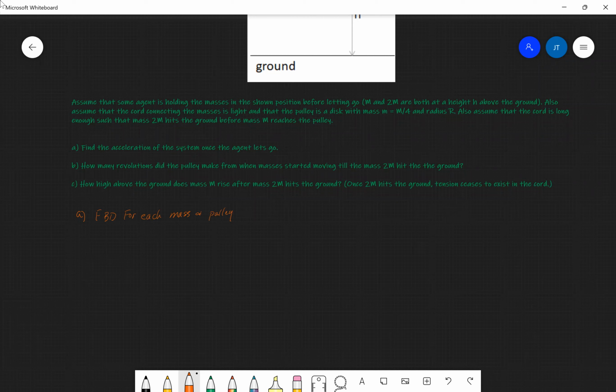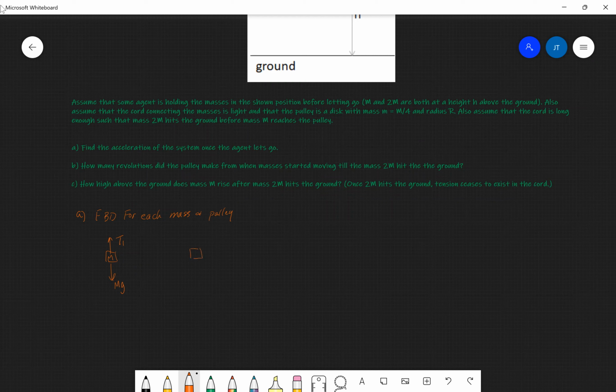For mass m, you've got the weight down, mg, and the tension, which I'm going to call T1. Because the pulley has mass and radius, and we're going to take that into account, the tension on each side of the pulley is not the same. Okay, so that's for mass m.